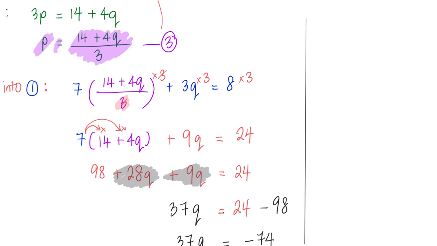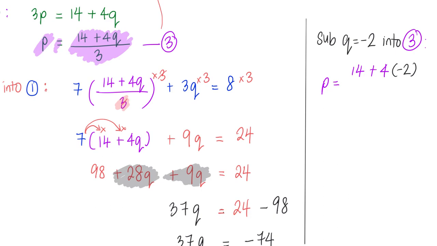So we just need to substitute q equals negative 2 into my equation 3, where my p is equal to 14 plus 4q, q is negative 2, and the whole thing divided by 3. And that's where I will get my final answer, 2.